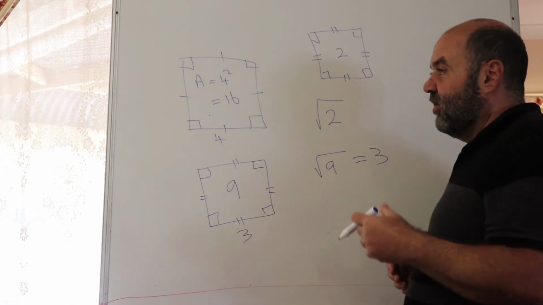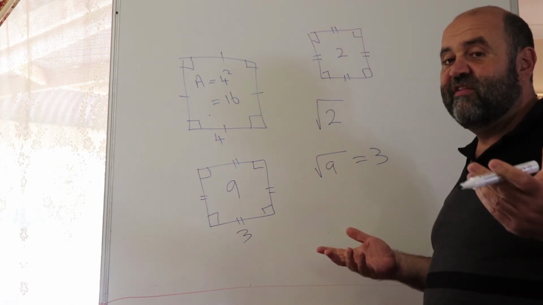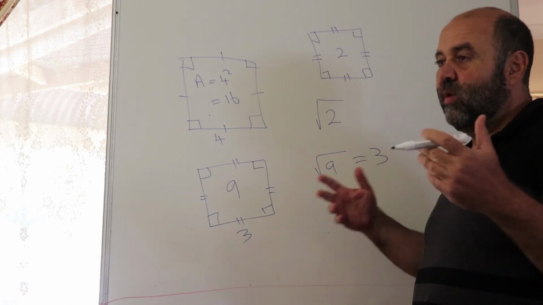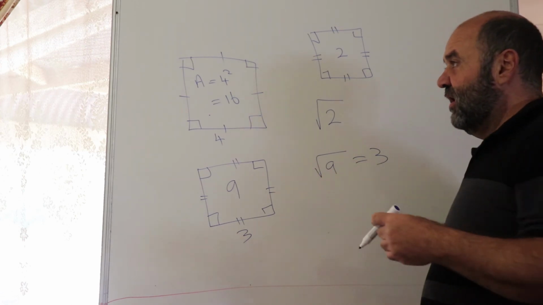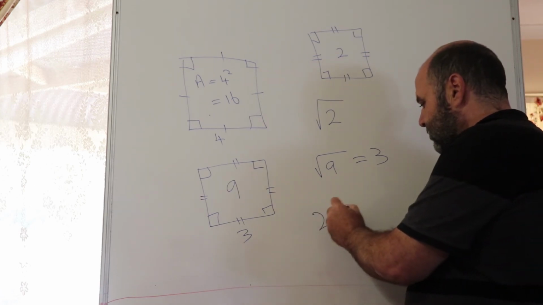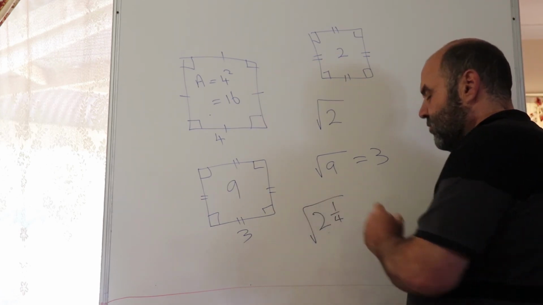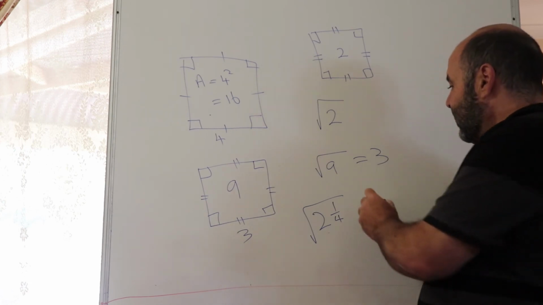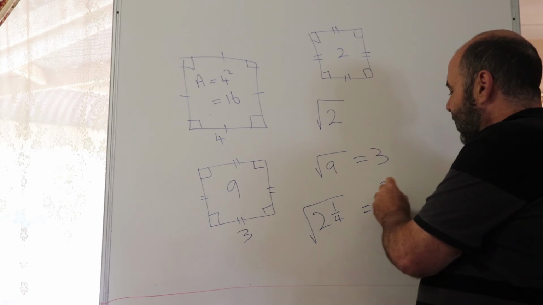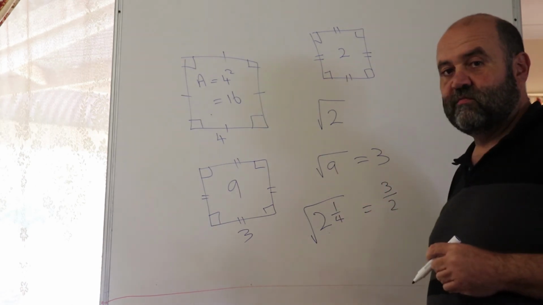I can simplify other numbers, and you can try these on your calculator. If you get your calculator and ask, what is the square root of 2 1/4, your calculator is going to tell you that it's 3 over 2 or 1.5.